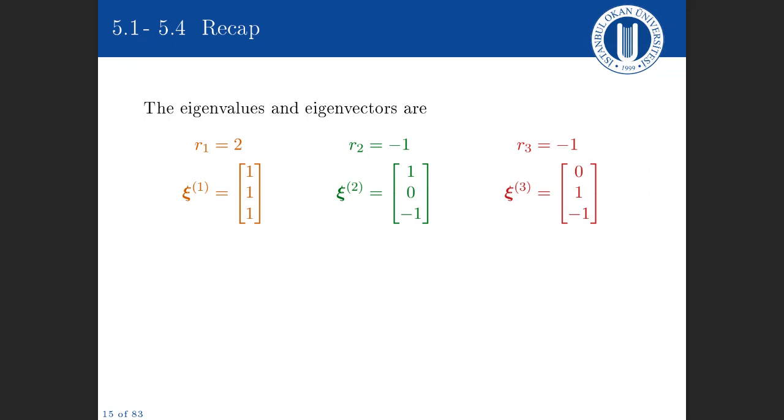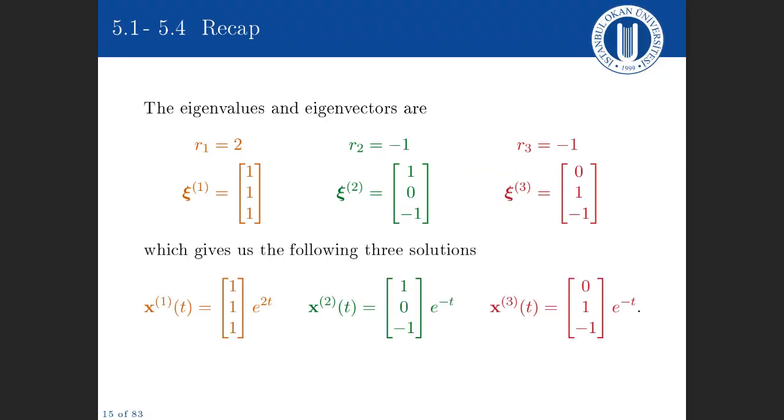Now, note that we have repeated eigenvalues here. R2 is -1 and R3 is also -1. But we have 3 linearly independent eigenvectors. And if we have 3 linearly independent eigenvectors, then we have 3 linearly independent solutions.